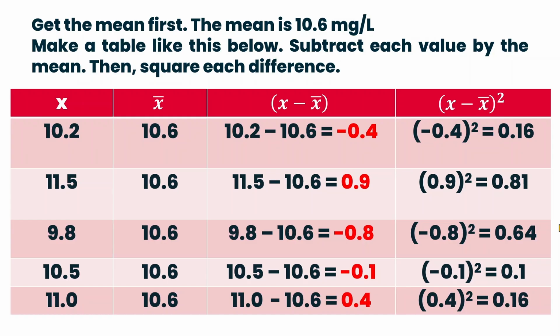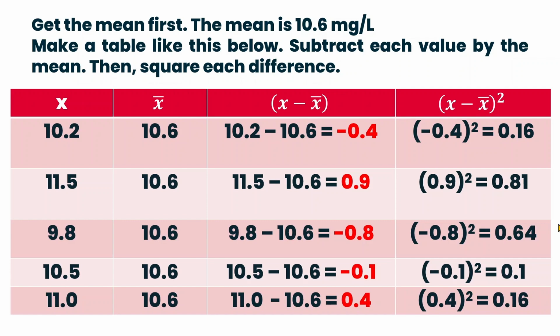Then if you square that value, negative 0.4 times negative 0.4 is 0.16. We would expect that all of the numbers here are positive because squaring a number is simply multiplying it by itself. After that, we have to take the total or the sum of the fourth column.